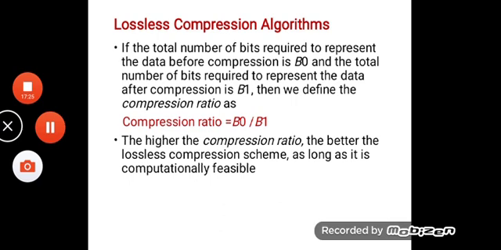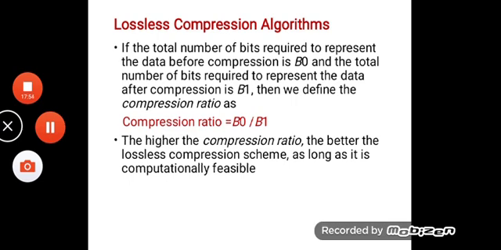If the total number of bits required to represent the data before compression is B0, and the total number of bits required to represent the data after compression is B1, then we define the compression ratio as B0, that is the original information before compression, divided by the information after compression. So B0 divided by B1.